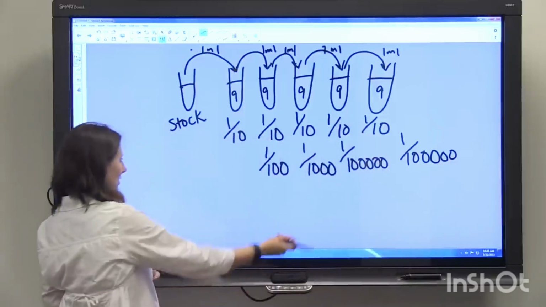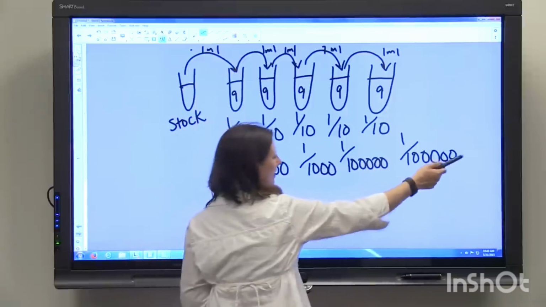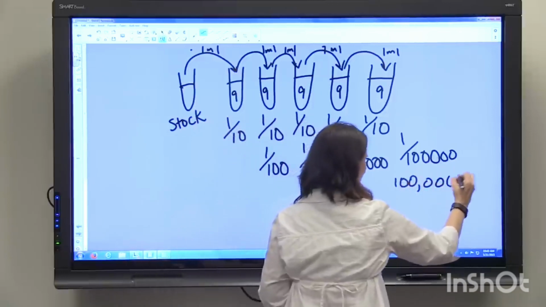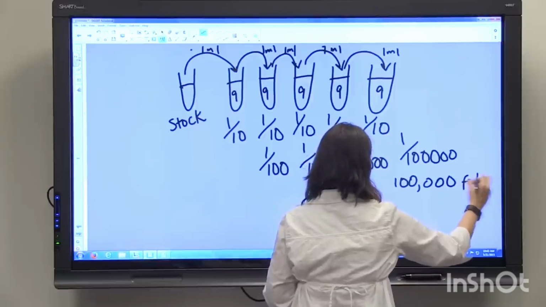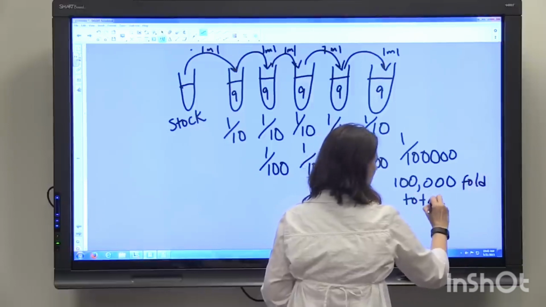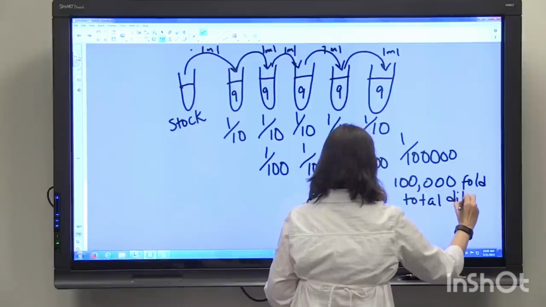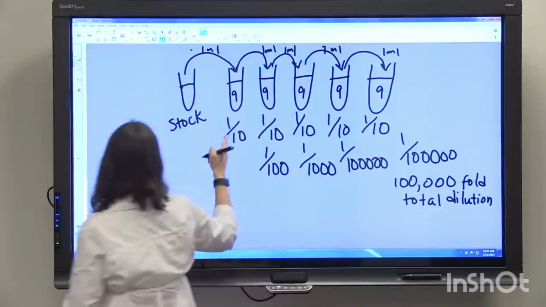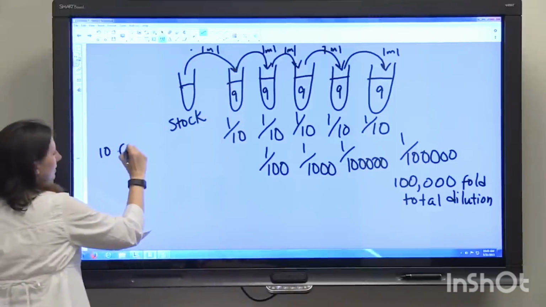So ultimately, this is 100,000-fold total dilution. It is a 10-fold serial dilution.